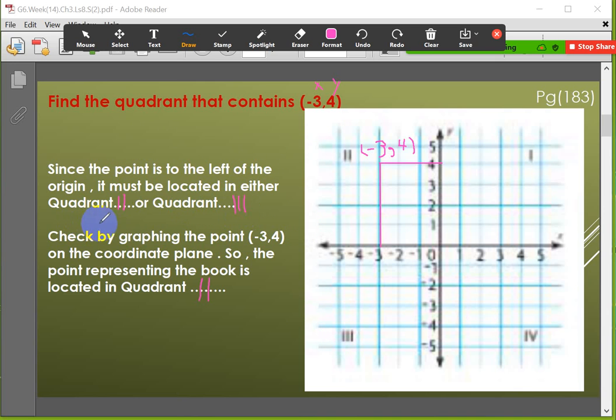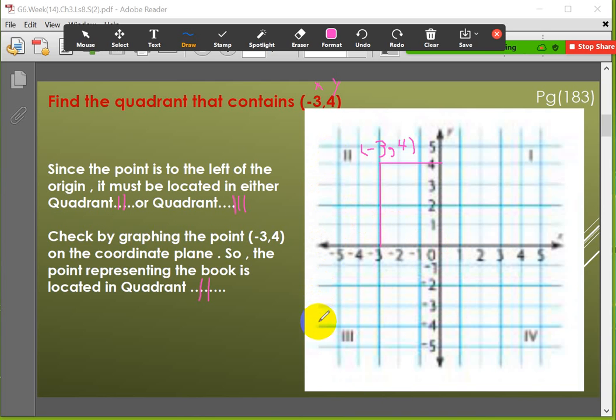Why? Because the x is negative. Because the x is negative, that means in those quadrants, the second one and the third one, the x is negative.